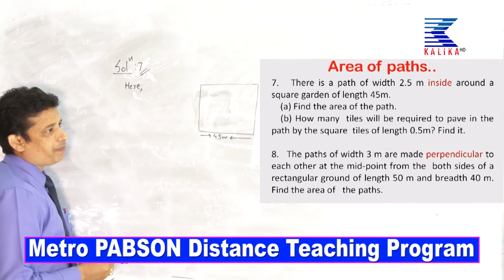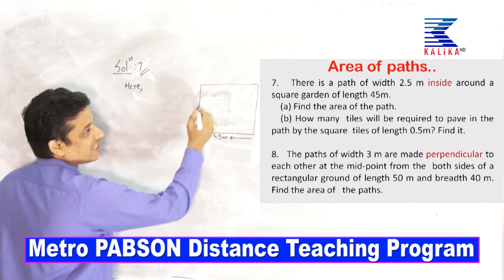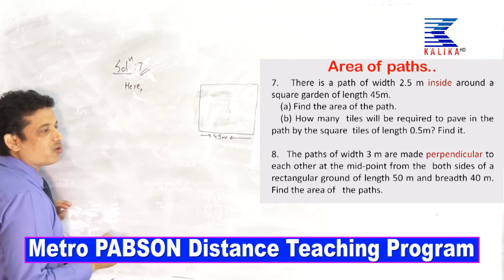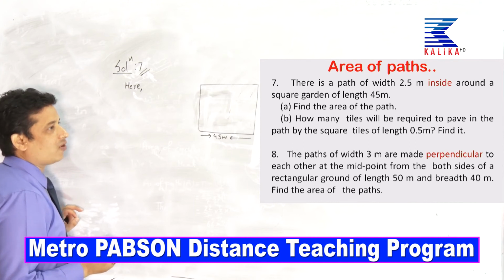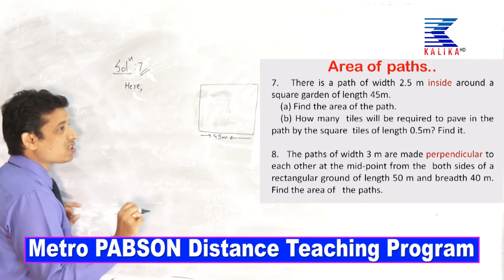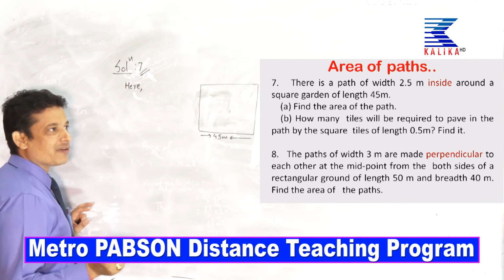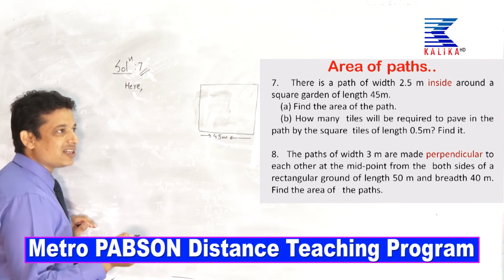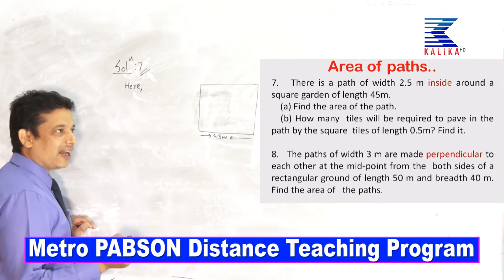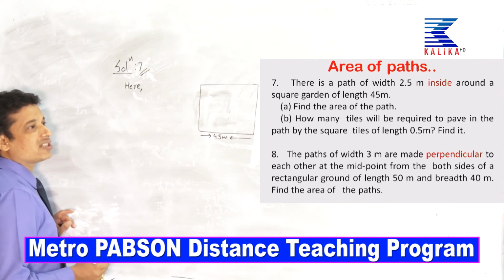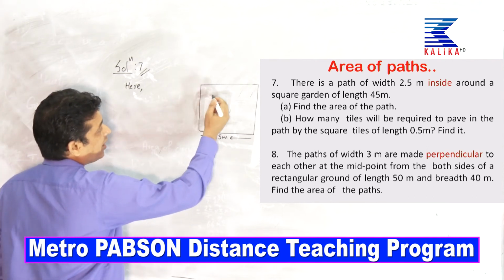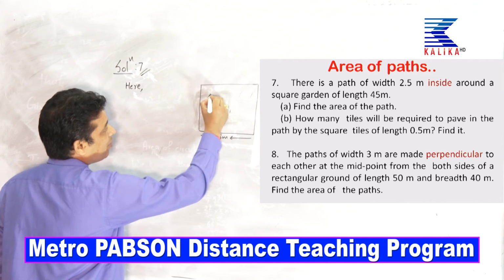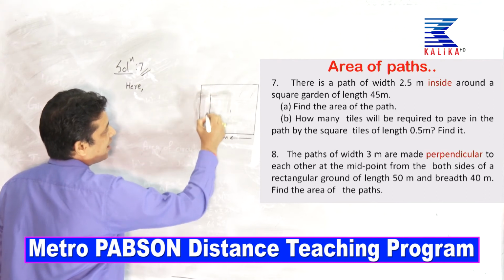The 2.5 meter path is inside. Look at the red color in the question. If you read the question carefully, I have focused on inside because there are 3 types of paths: inside, outside and cross path. This question is about the inside path.